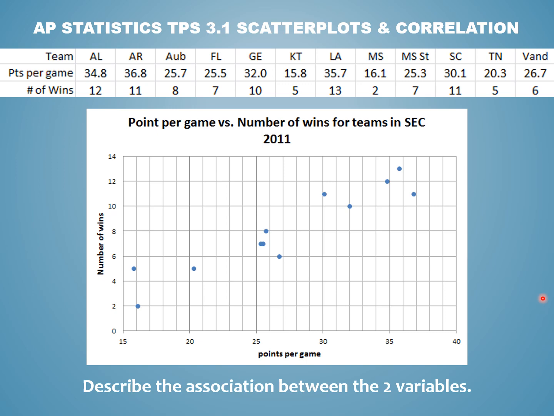So in one sentence, we could say that the relationship between average points per game and number of wins appears to be a fairly strong, positive, linear relationship. So say those 3 things, the direction, the strength, and the form, in any order. It doesn't really matter the order, just so that it sounds right. Okay?